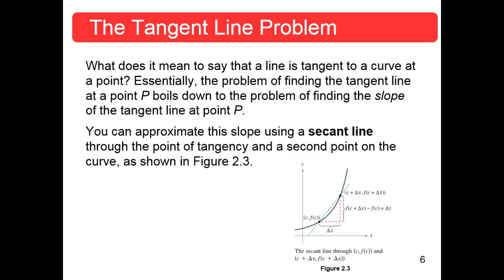Okay? Essentially, the problem of finding a tangent line at point P boils down to the problem of finding the slope of the tangent line at point P. Okay? You can approximate that slope using the secant line, like I just said, through the point of tangency and a second point on the curve. So if you're interested in the slope at this point here, pick another point fairly close to it.